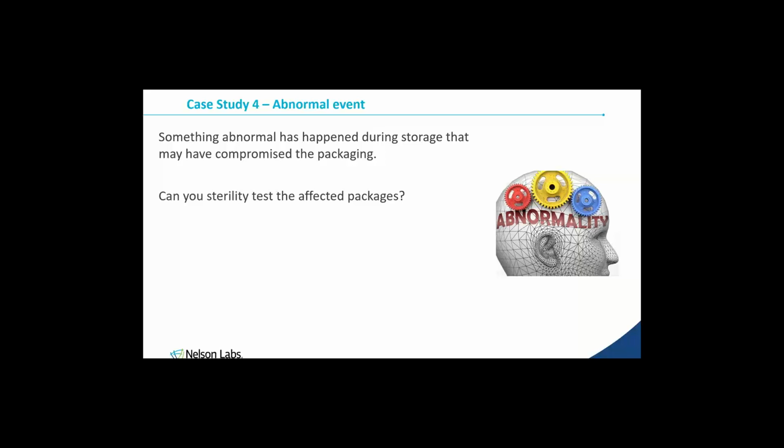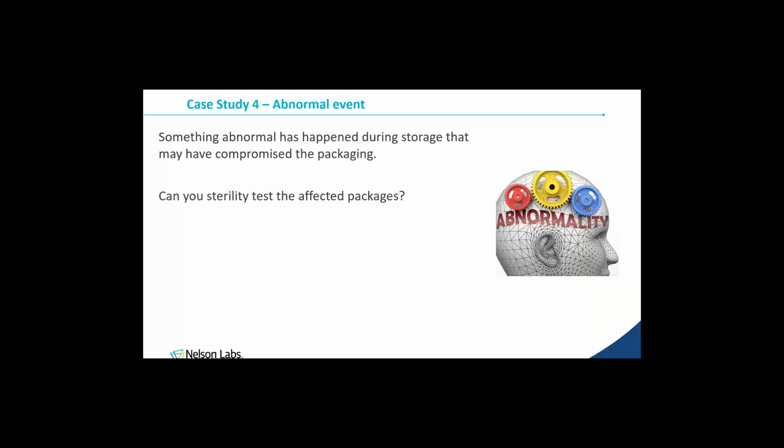Let's say it was exposed to really high temperature, really low temperature, or maybe a lot of moisture for one reason or another. How about doing a sterility test on those packages that have been through this event? They may be affected, and if we sterility test them, then we'll know if that event damaged them. And this is something that is timely. Natural disasters happen. People have issues with their products.